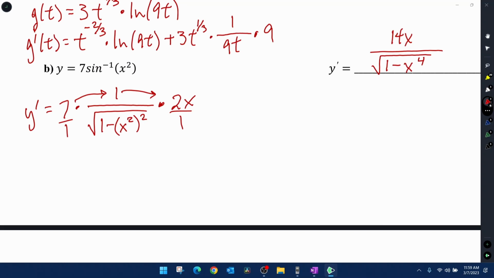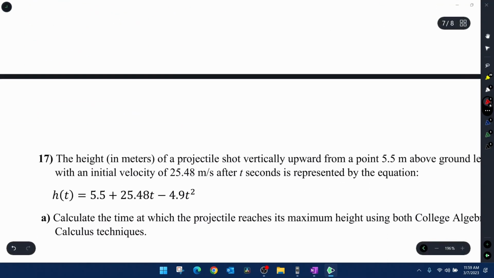The main thing you need to know is those formulas for the derivative of inverse sine, derivative of inverse cosine, derivative of inverse tangent. You need to know those derivatives, okay? They will not be on the formula sheet. You'll need to know those. Can I move on? Okay.